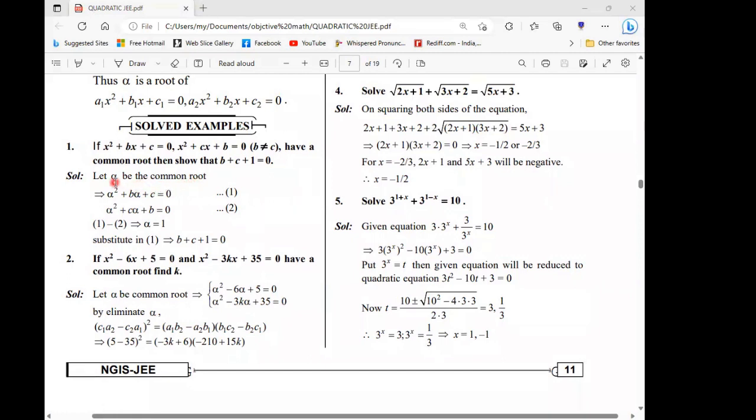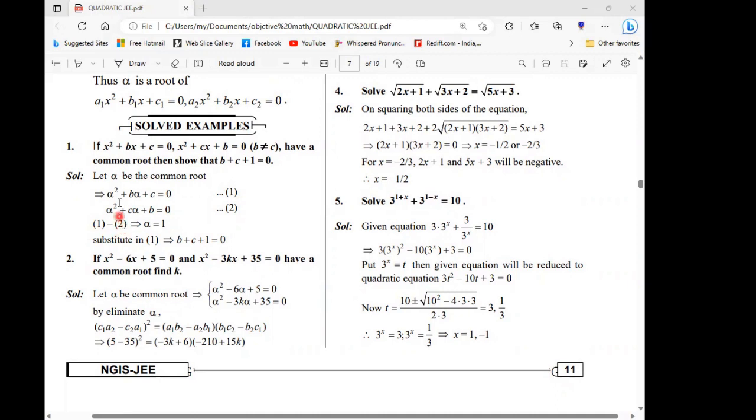Then alpha should satisfy both equations. From the first equation, alpha square plus b alpha plus c equal to 0. From the second, alpha square plus c alpha plus b equal to 0. Now do first minus second.